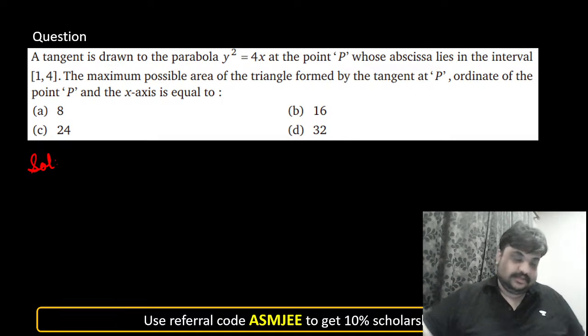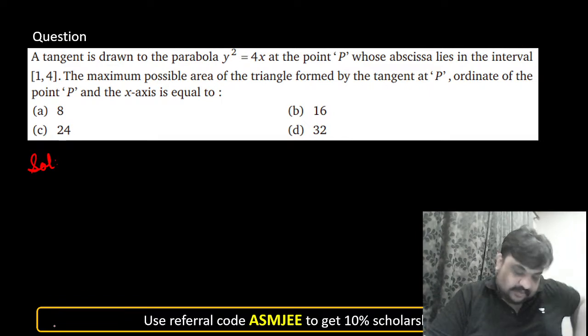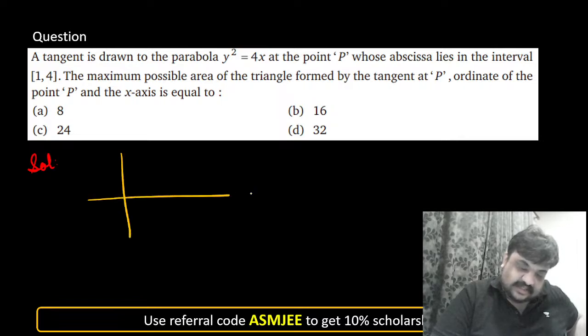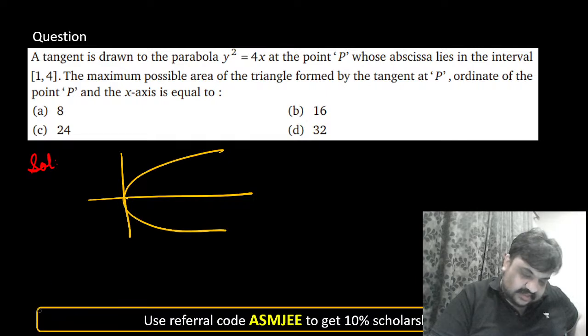Okay, so a tangent is drawn to this parabola at the point P whose abscissa, x coordinate, lies in the interval 1 to 4.